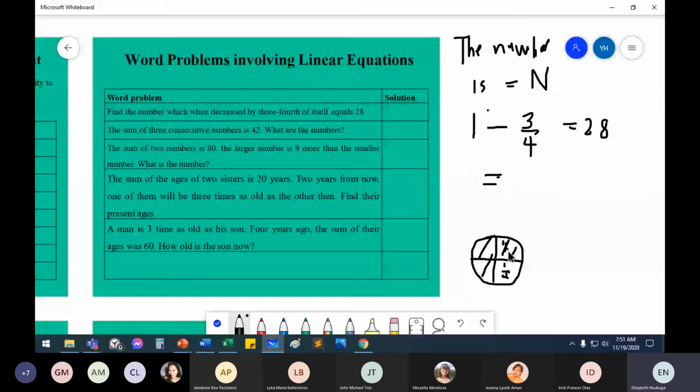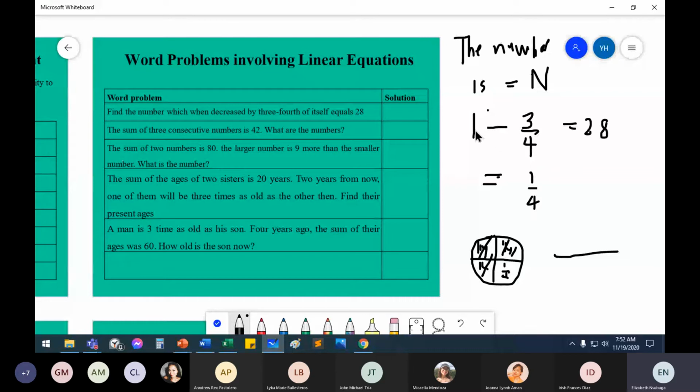This is 1/4. And this is 3/4. So I remain with 1/4. If you want, use the long way: 1 minus 3/4, the 4 is the denominator, and then 4 minus 3. But we know that this is 1 whole.